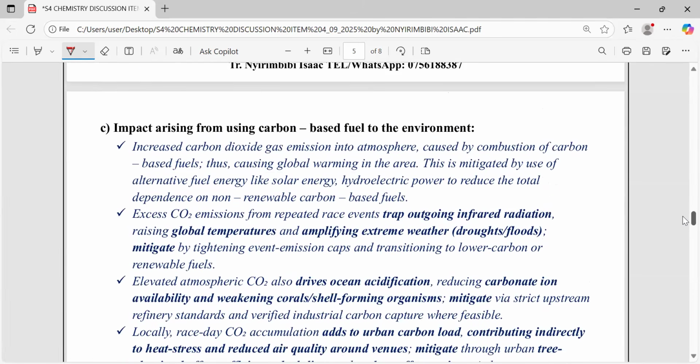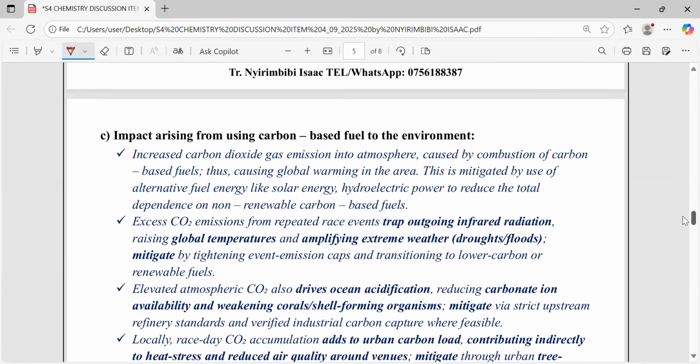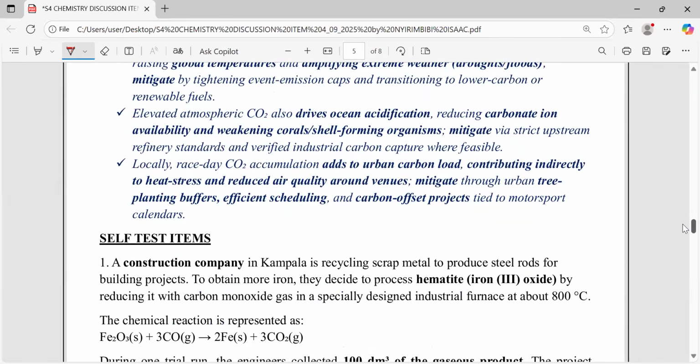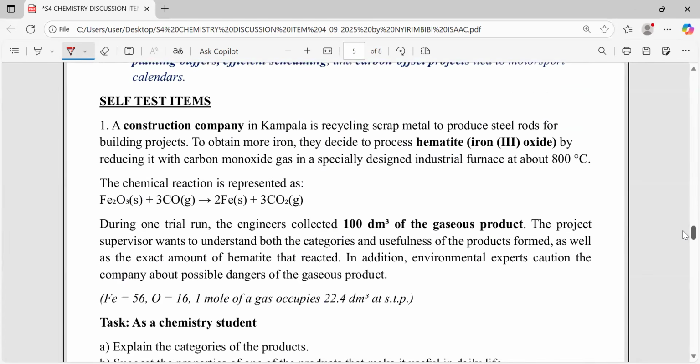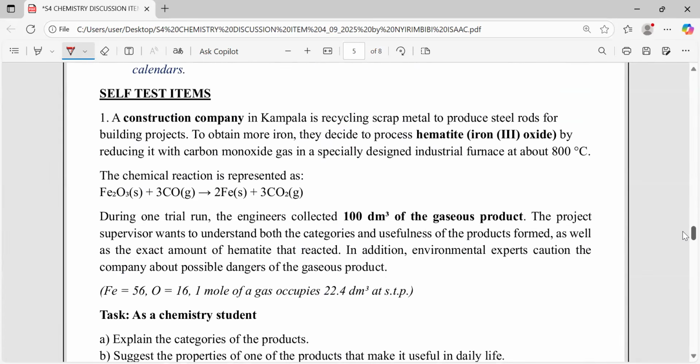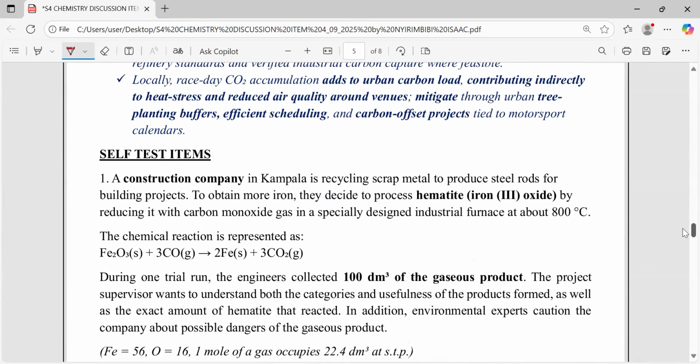So here I have the responses: impact arising from using carbon-based fuels to the environment. So I've given a number of points. Then after that, there is this item I put, self-test item.